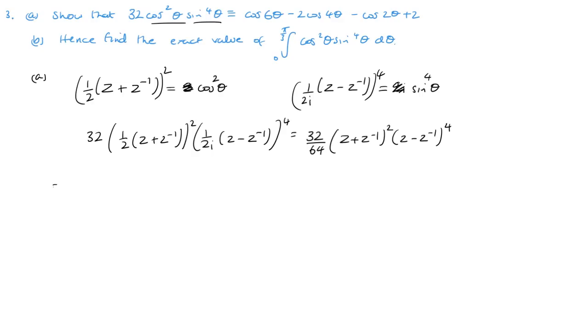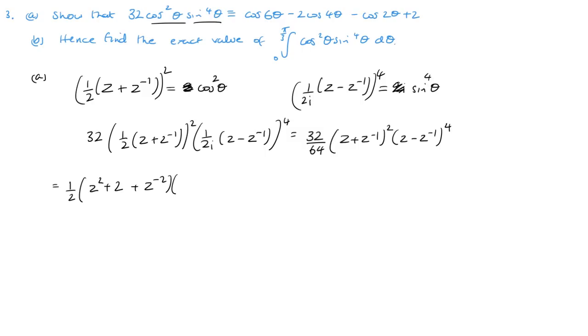I'm just going to give myself plenty of room. 32 over 64 is a half. Now this is going to be z squared plus 2 z times z to the minus 1, which is just 1, plus z to the minus 2.